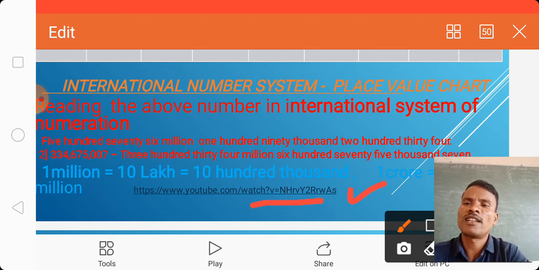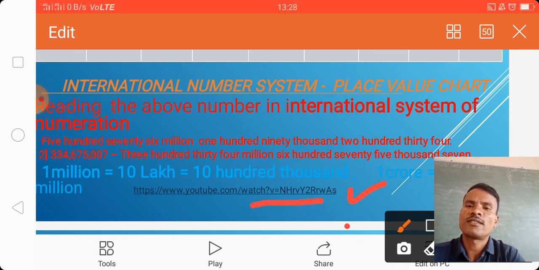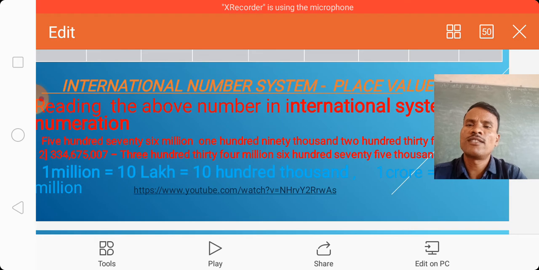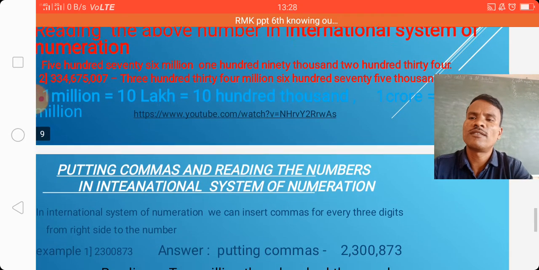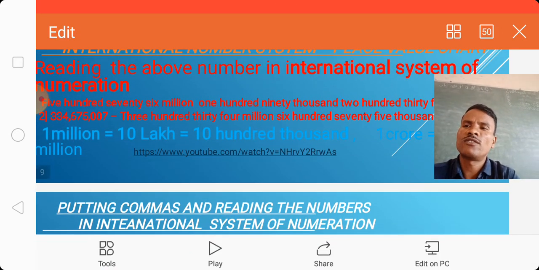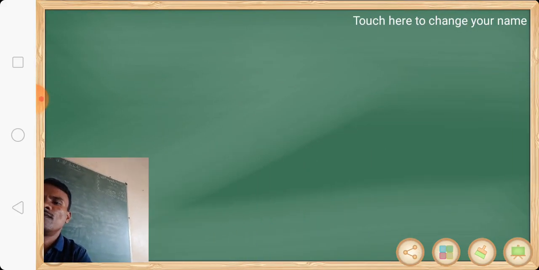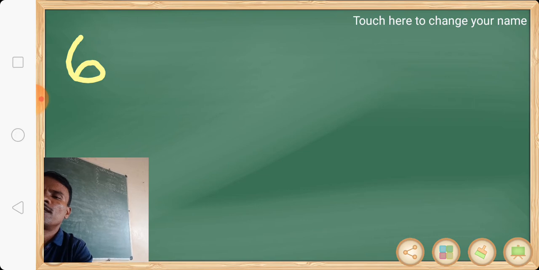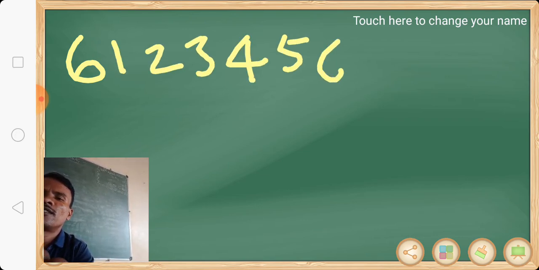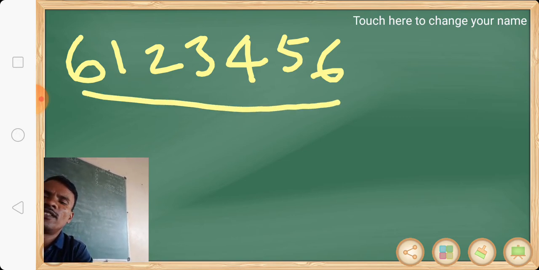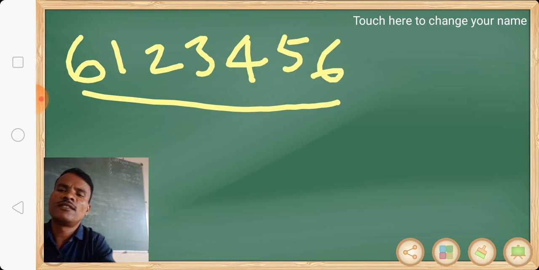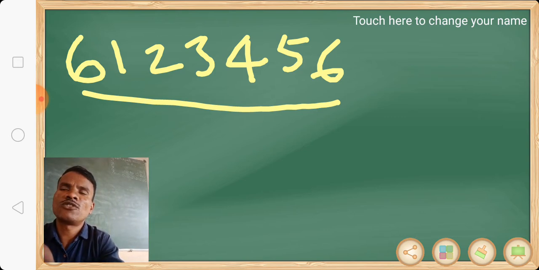You can click here. Okay, after knowing the international system of numeration, I would like to take one example. Here, for example, 6, 1, 2, 3, 4, 5, 6. After giving this number, they told us to put commas in the international system of numeration.